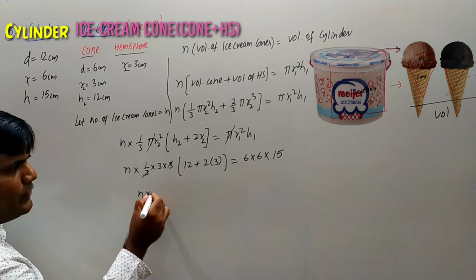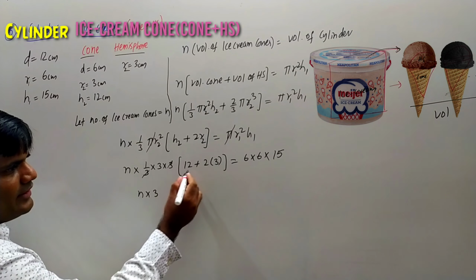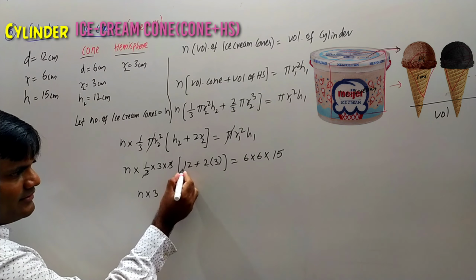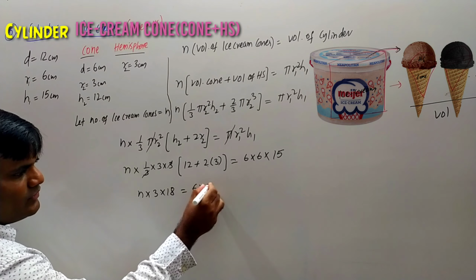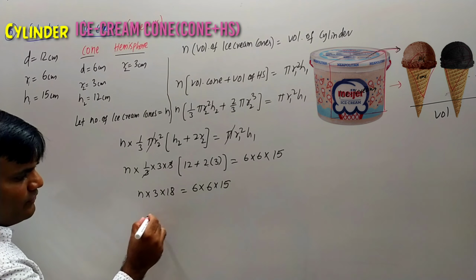So n into 3 into, here 2 into 3 is 6, plus 12 is 18, is equal to 6 into 15. So we need n value.